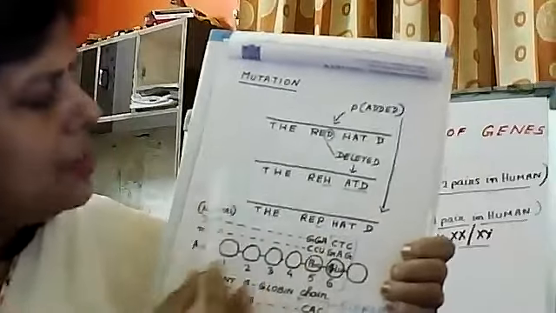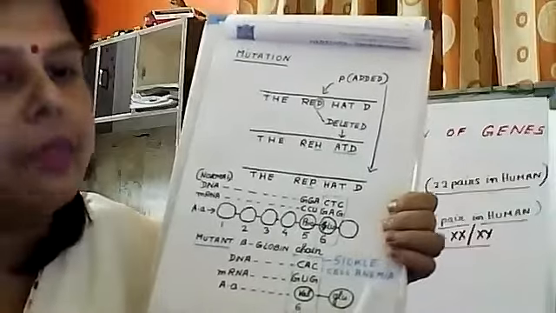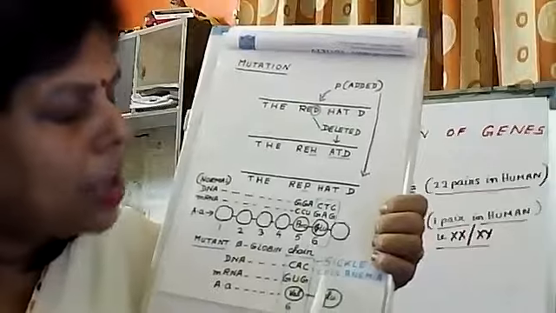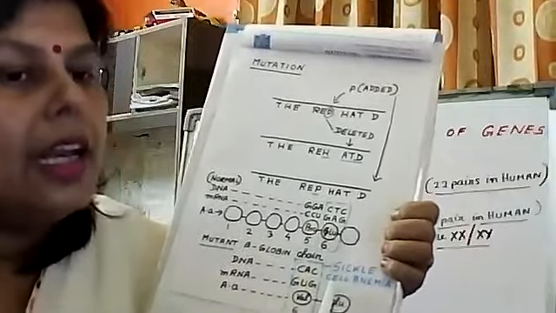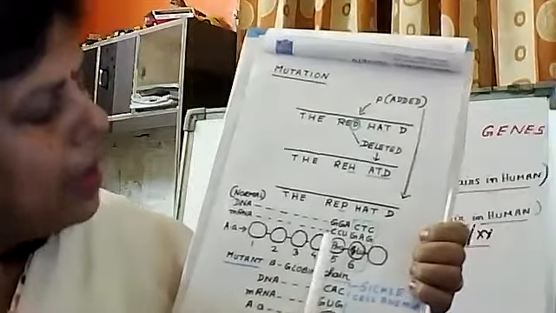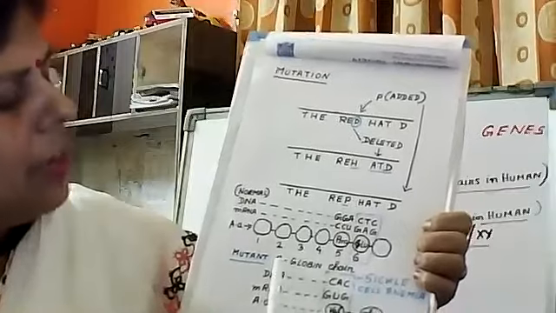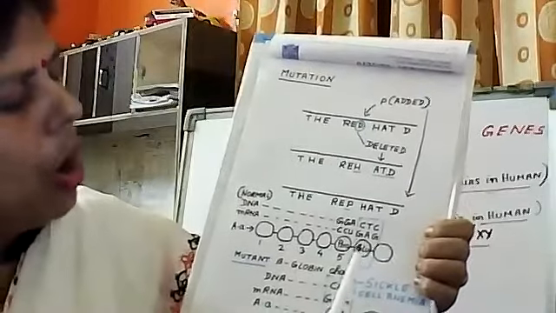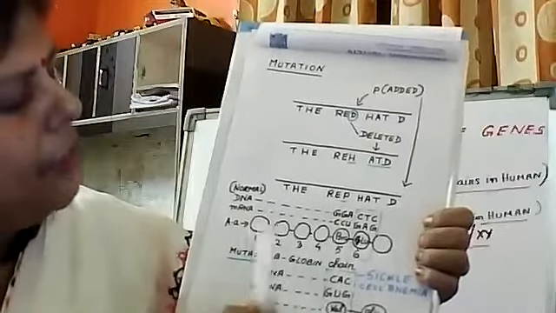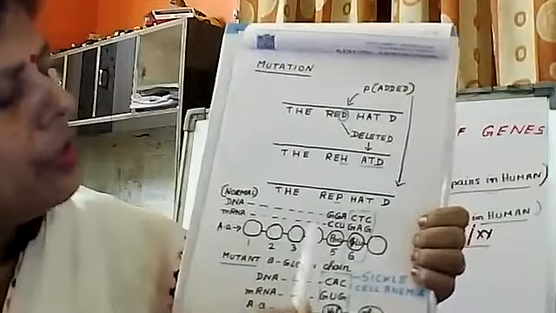Now to explain this, in your book they have explained sickle cell anemia. Sickle cell anemia means the shape of the red blood cell changes due to the change in the amino acid at the 6th position of the beta hemoglobin chain of the human. In your book, you can see different amino acids, each represented by three letters.